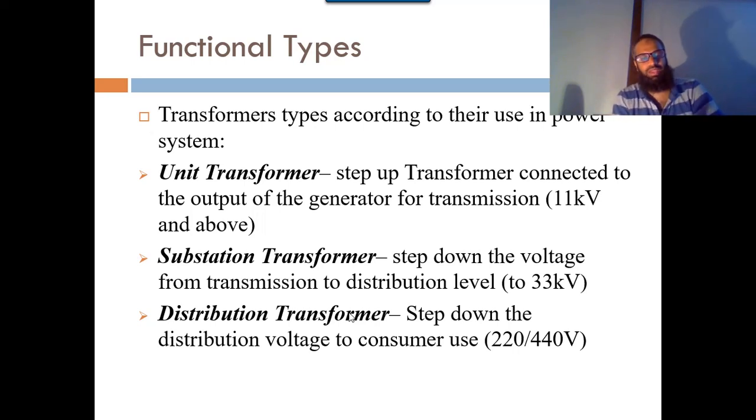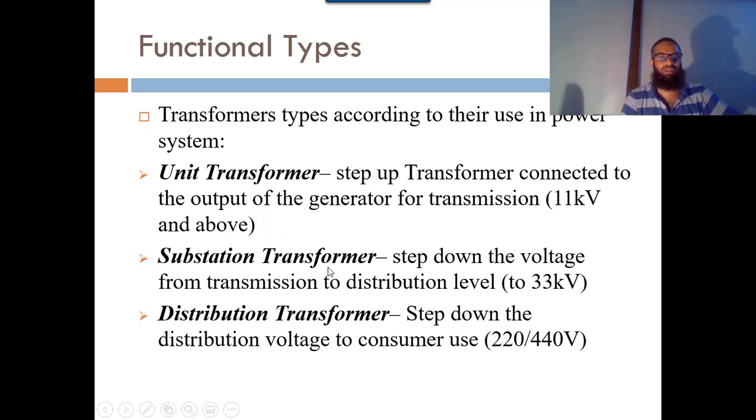And the third type is a distribution transformer, which is also a step down transformer, which is near the residential areas, which normally take 11 kV as an input or 33 kV as an input and give 220 volt or 400 volt. So in short, we can say that we have one transformer in the generation side which can be used as a transmission transformer, which usually steps up the voltage, and then we have two levels.